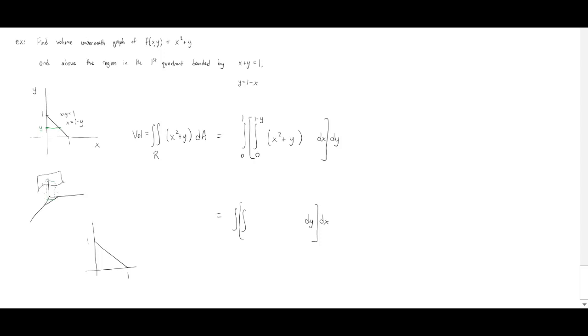Then on the inside, to get the bounds, you view x as being constant for this inside integral. So for a constant x, what were the bounds on y? y will be bounded always below by 0, but it's always bounded above by the line.